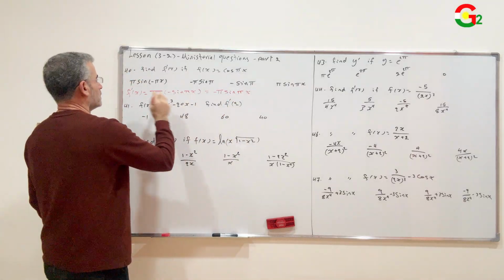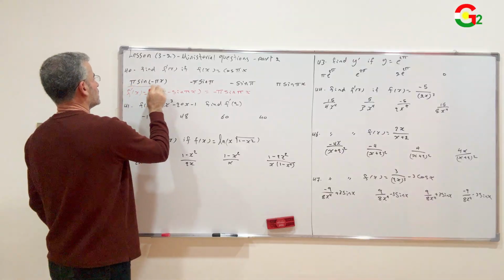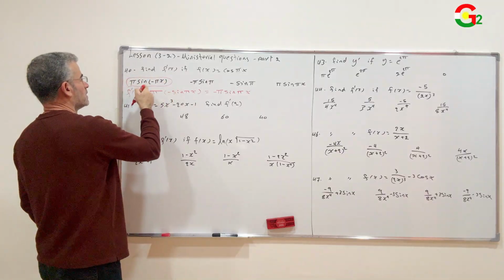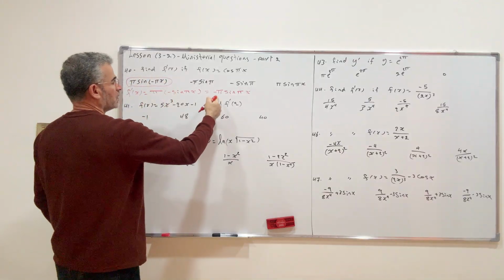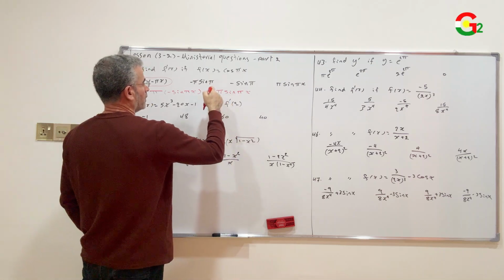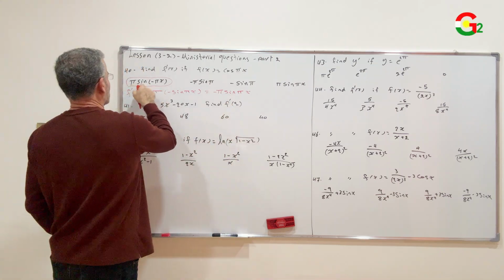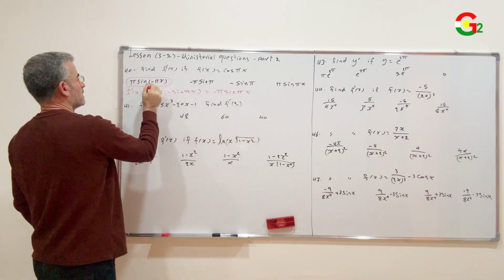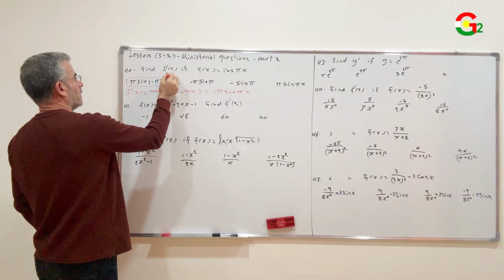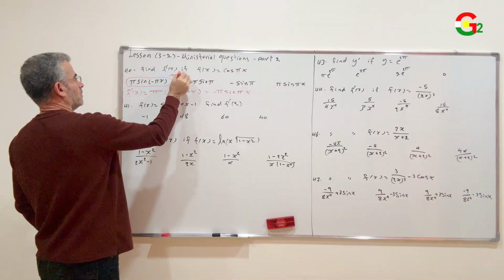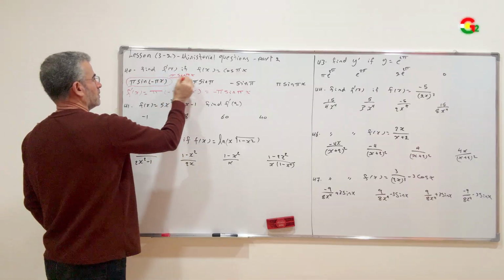Therefore, the right choice is A. Since sine is an odd function, we can write pi sine negative pi x as negative pi sine pi x.